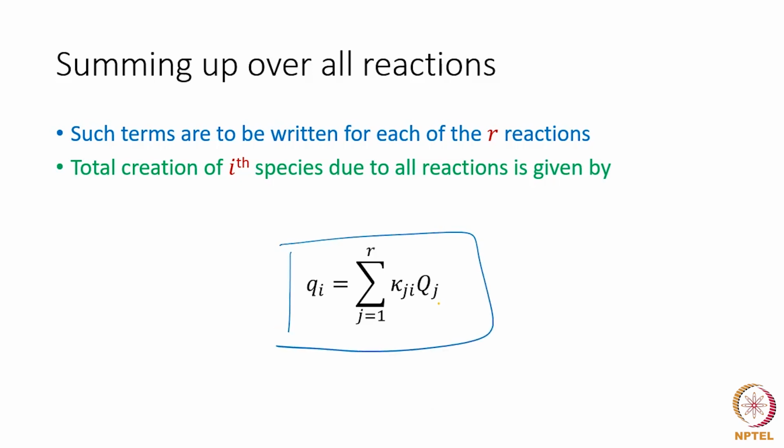So for the jth reaction, it is basically kappa ji into Qj, and then we sum up for all the reactions. j goes from 1 to R. There are R number of reactions, and therefore the total creation or appearance of the ith species given by the quantity Q is then expressed in this form. Now this is going to be useful because this becomes the generation term in the governing equation for mass transfer, and the generation is coming because of reactions.